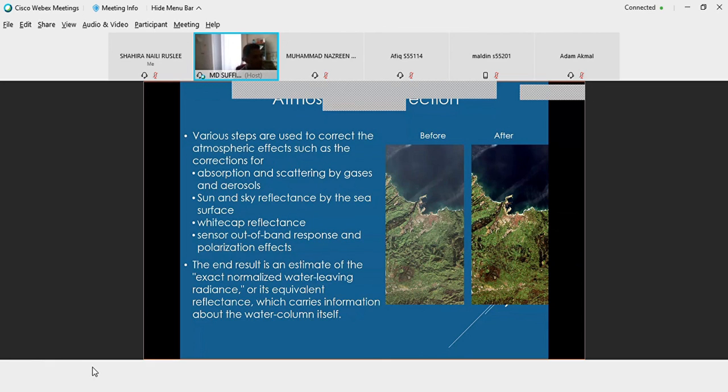In a single plane. If you look at radar, sometimes it has VV polarization.